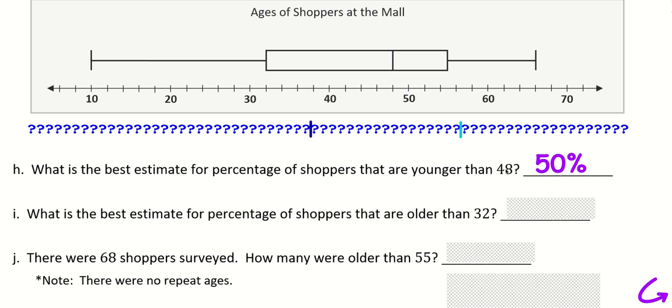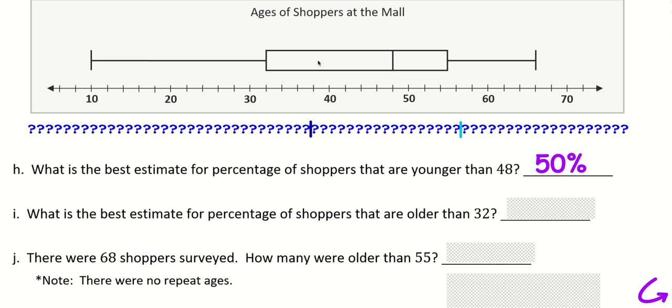But again, the median oftentimes cuts the data exactly into two halves. And if it doesn't cut it into two exact halves, it's close enough to just say 50%, okay? And then to take that a little bit to the next level, what is the best estimate for the percentage of shoppers that were older than 32? Well, again, they might as well be saying older than the lower quartile, or the first quartile.